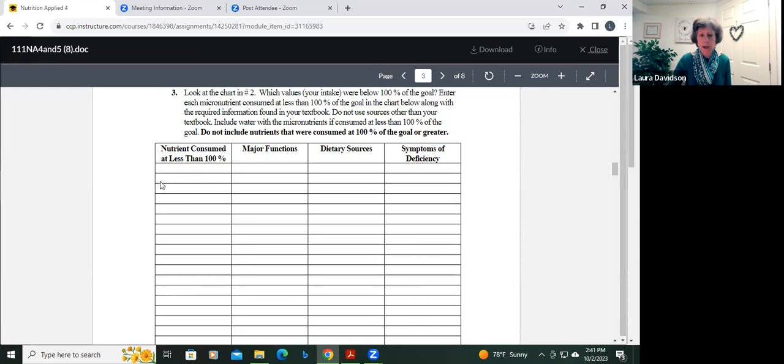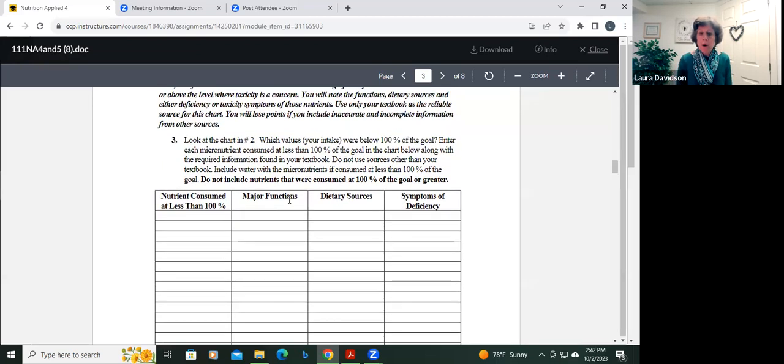Okay, so let's say it's water or vitamin C. Whatever you consumed short of your goal, you write here. Okay, so that's fairly easy too, right? Nothing over 100%, nothing at 100%, just the nutrients that are below. Because for number 3, we're looking at what are you short in? Okay, what are your inadequacies, at least for those 3 days?